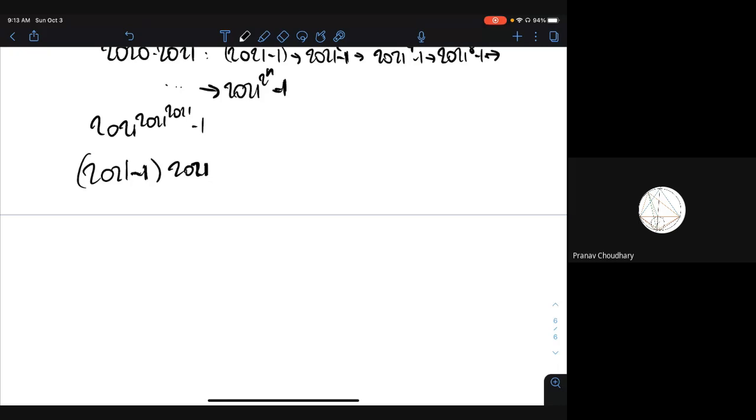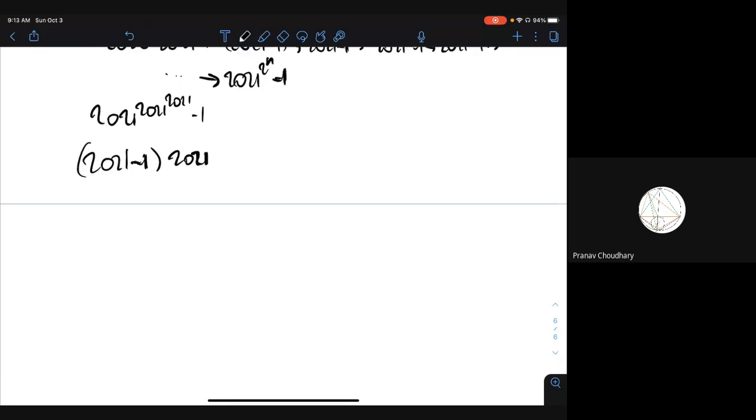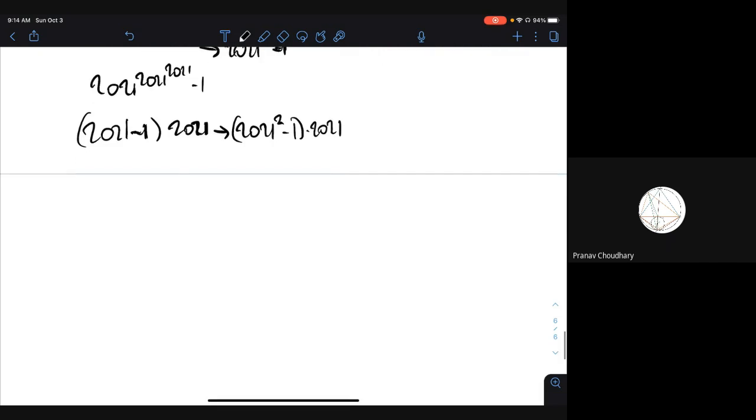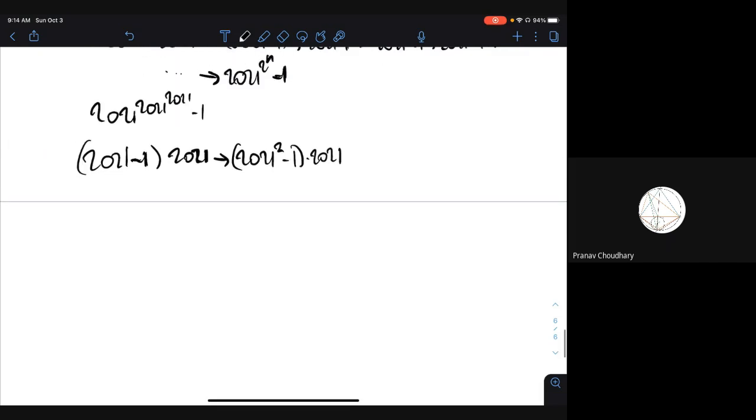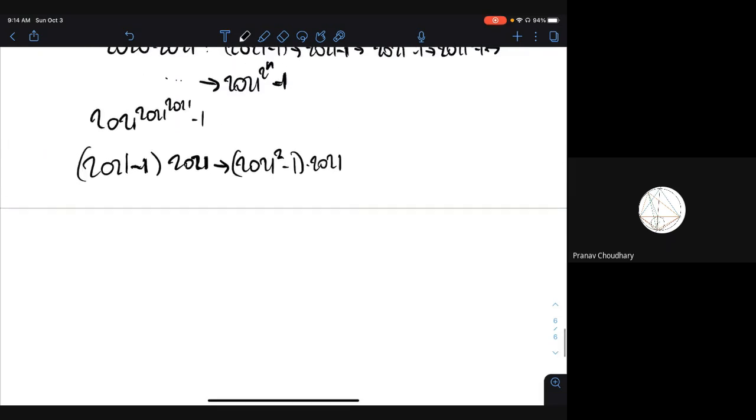So first you get to 2021 to the power of 2 minus 1 times 2021.